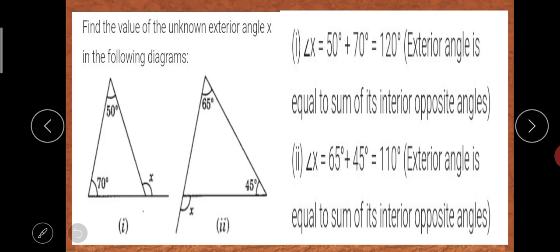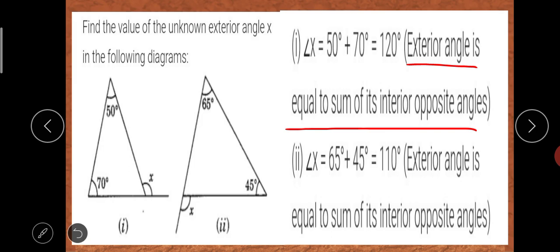So this property we just studied: the exterior angle is equal to the sum of its interior opposite angles.